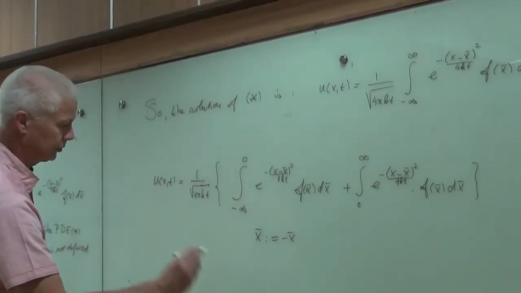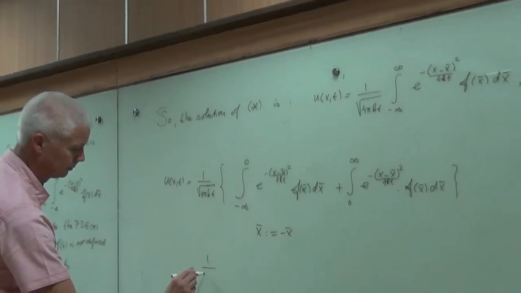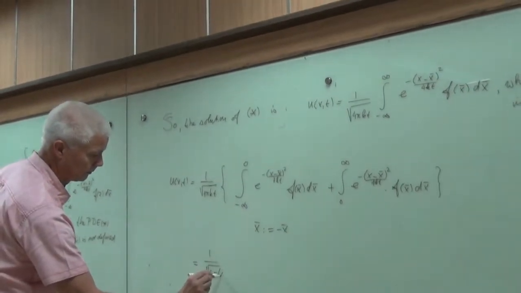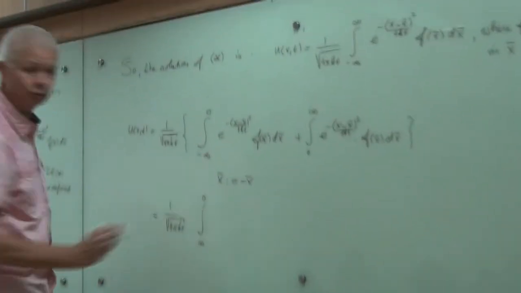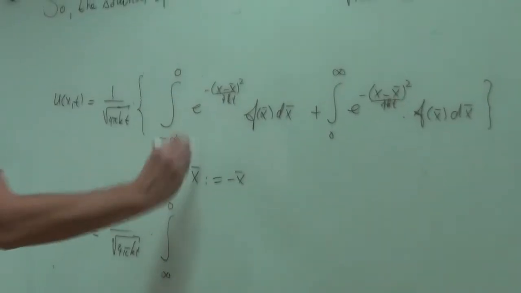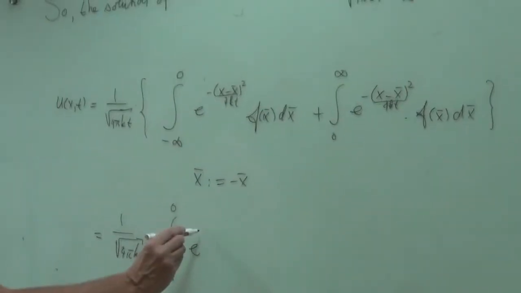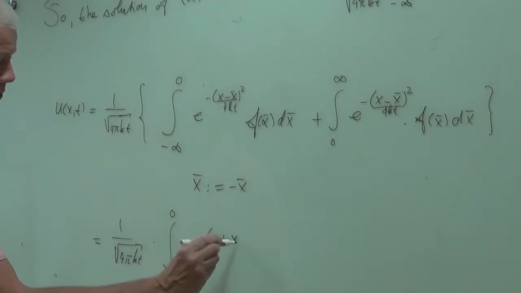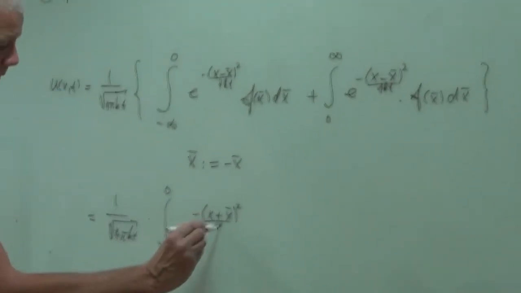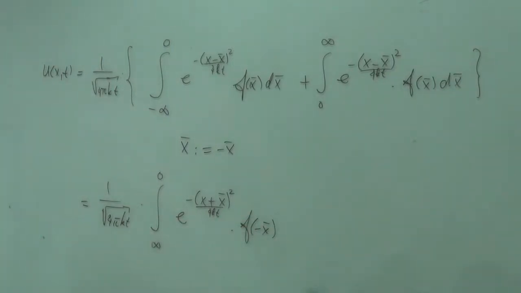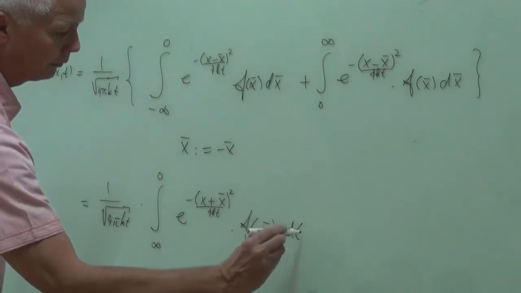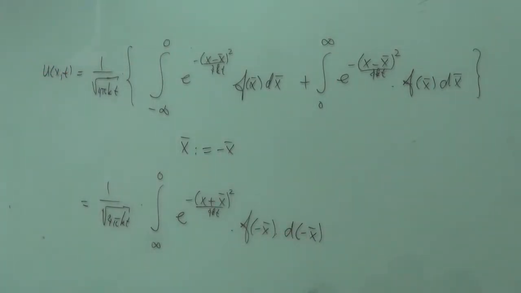Then this integral becomes the integral from infinity to 0, with minus x plus x bar squared over 4 kt, times f(-x bar), times d(-x bar). That's the only thing I do.